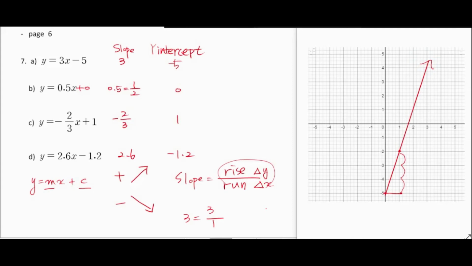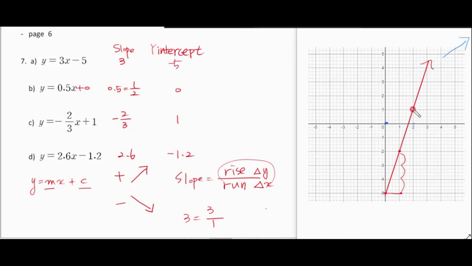Now let's look at graph B. In graph B, the slope is 1 over 2 and the y-intercept was 0, so right here. So for half, it's 2 for the x and 1 for the y. It's plus, so it also heads to the right top. So write 2 for the x and 1 for the y.